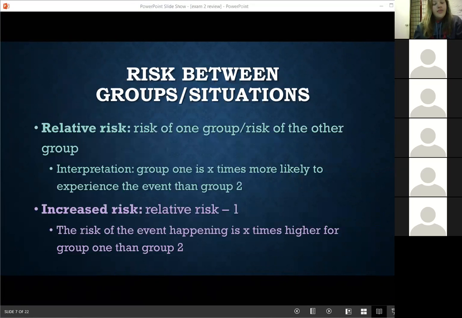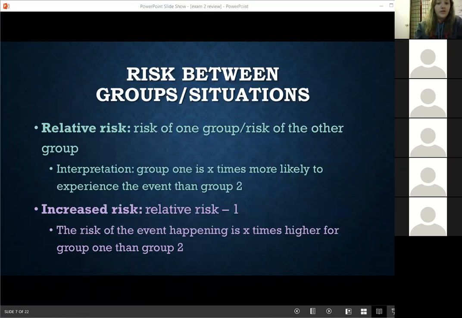This is not saying how much higher, but how much more likely group 1 is to experience it than group 2. It may not be an increase or a decrease, and that's why it's relative. We don't know if it's increased or decreased. It's just saying how much more likely they are to get it.